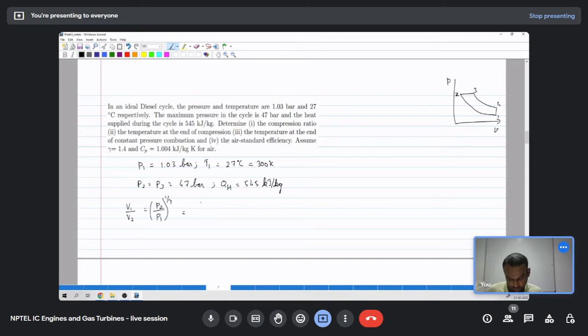So this is P2 is 47 bar and P1 is 1.03 bar, power 1 by gamma. So I have 1 by 1.4. This is 15.32. So compression ratio, which is V1 by V2, is 15.3.